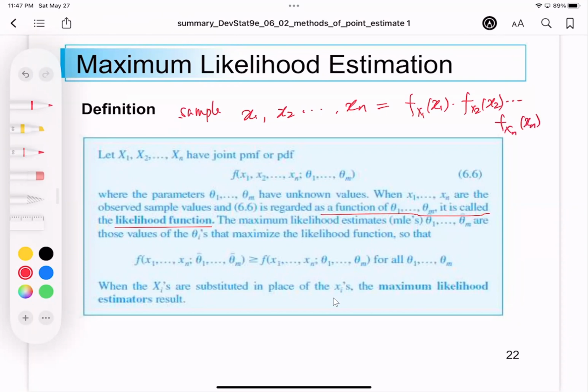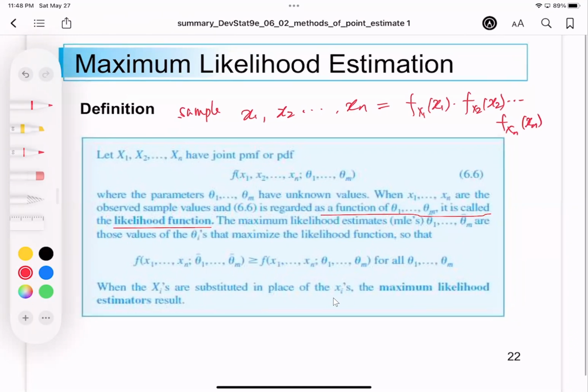So these are the probability density functions of each one of them, and we multiply them together because what we have is a simple random sample, and for simple random samples, they are all independent. So this is the joint probability density function.